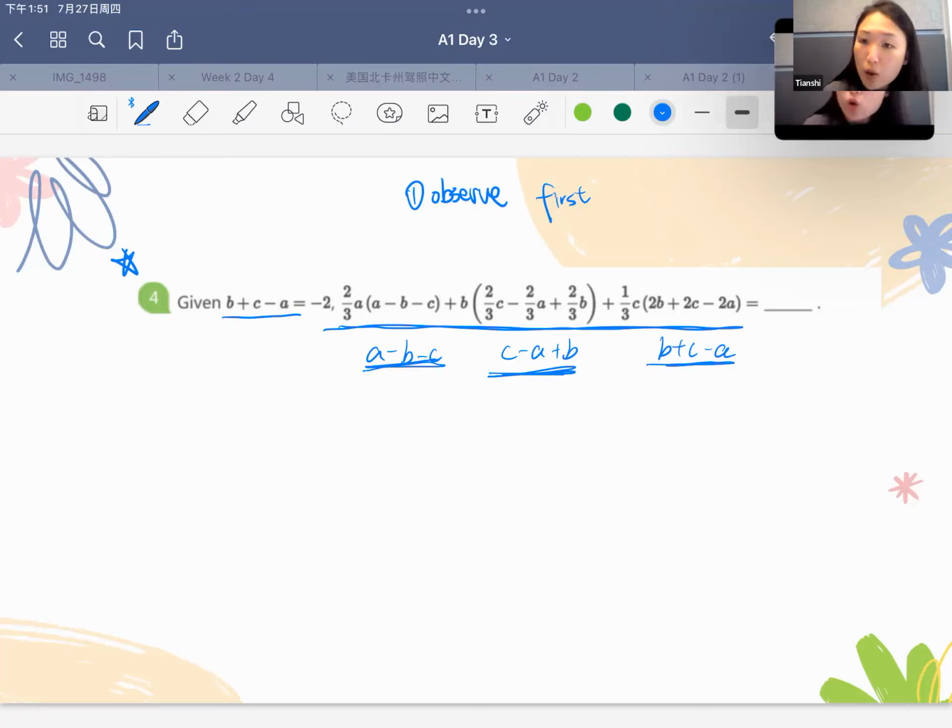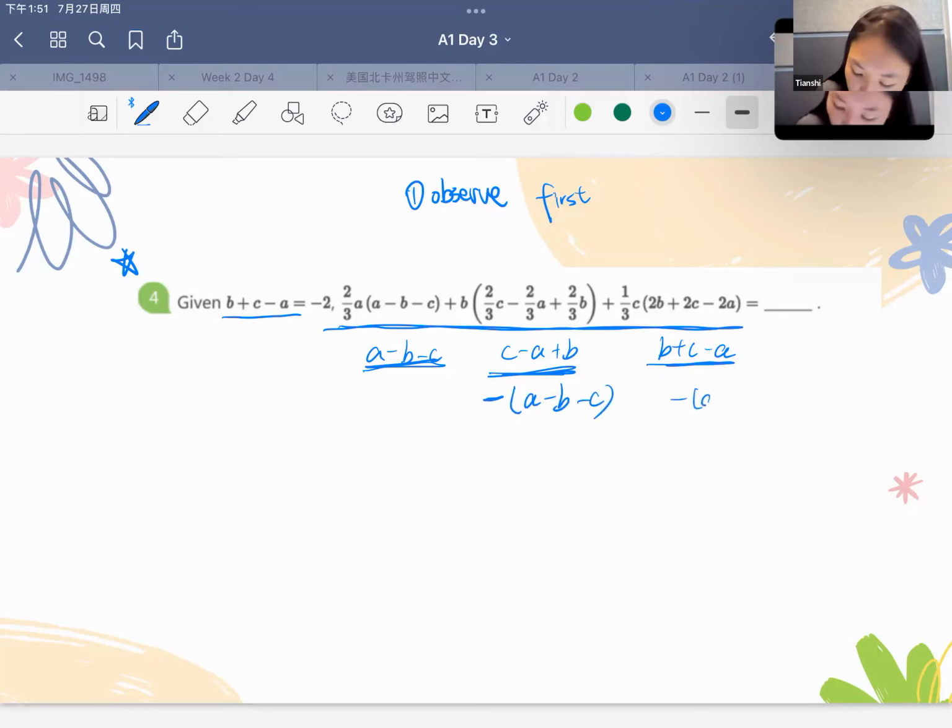So can we do something about it so that all of them have the same sign? Actually, if we add a negative sign in front of the parentheses, it will become the same. If we add a negative sign, the result will be a minus b minus c.